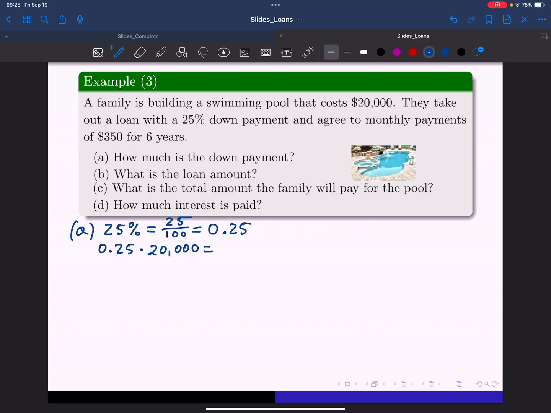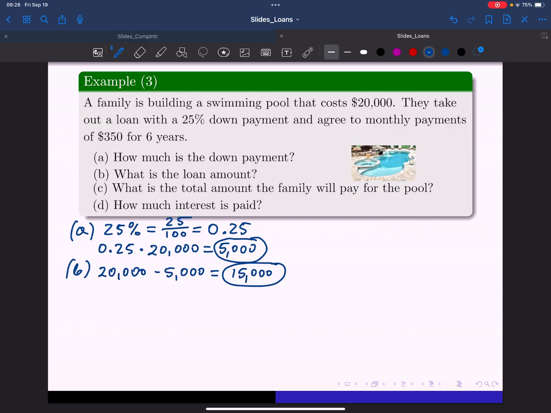That gives us exactly 5,000. So part B, what is the amount of the loan? If we put down 5,000 and the cost is 20,000, then what we need to finance is 20,000 minus 5,000, what we already deposited. So 15,000 is our loan.